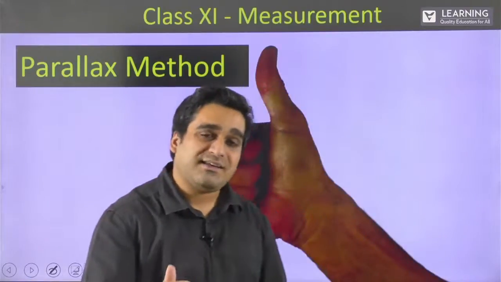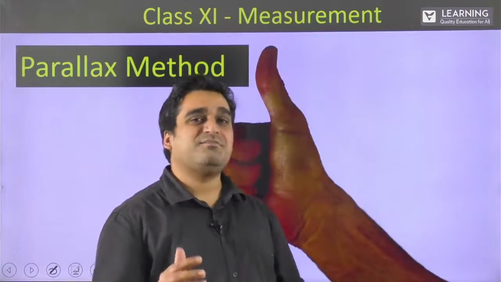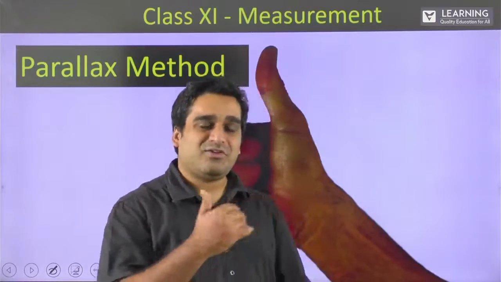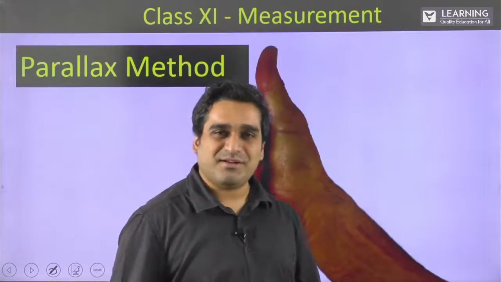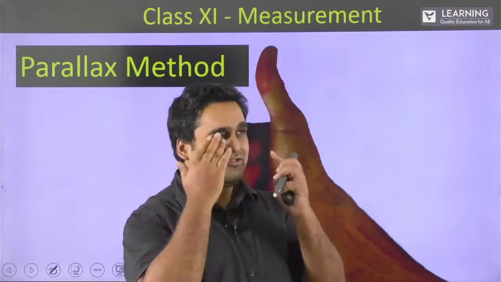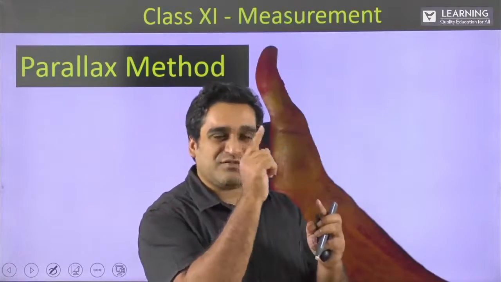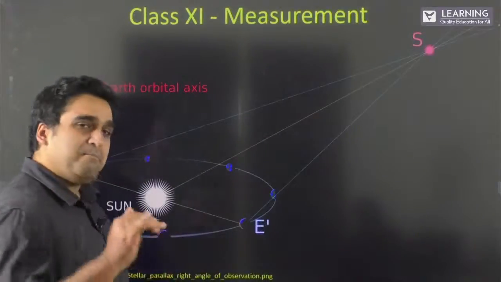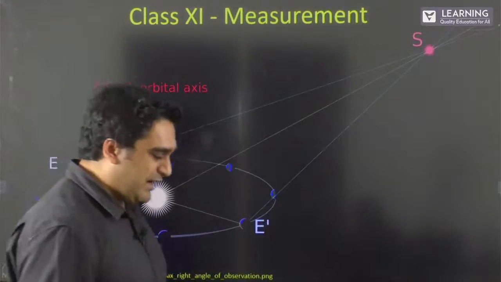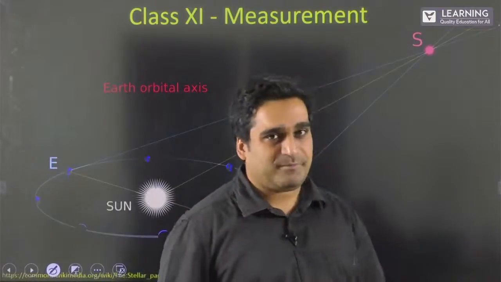And how we identify the distance from the star to the earth is by using the same parallax method. How is it possible? You cannot use your fingers or your eye and then find the shift in the star's position. Rather, what happens is they make measurements at two given intervals from Earth.